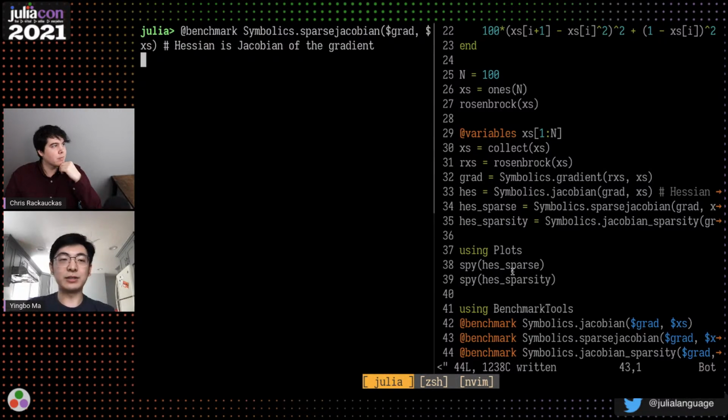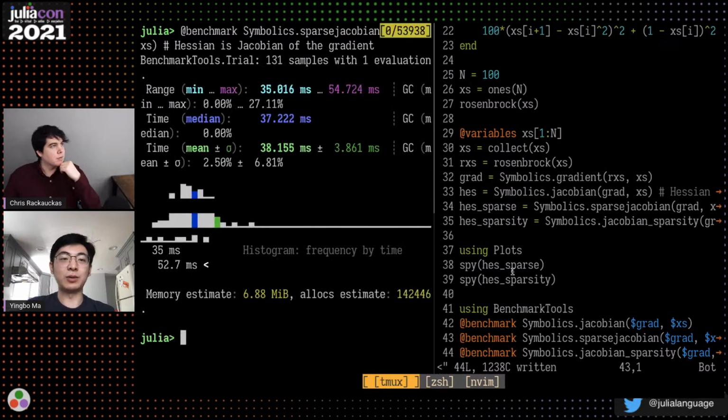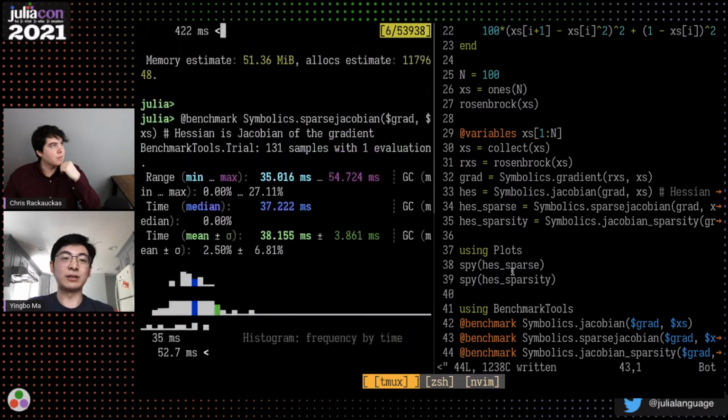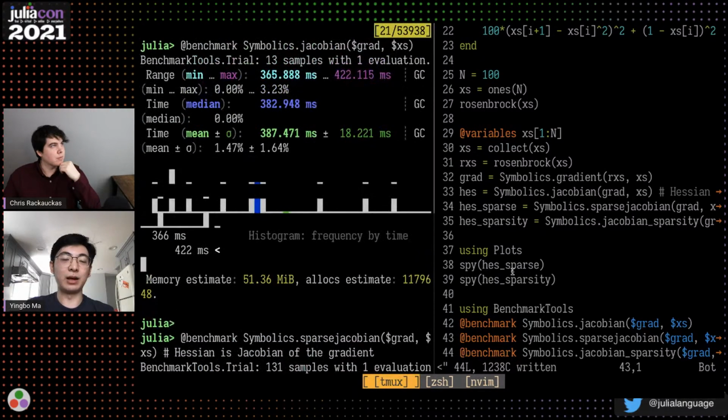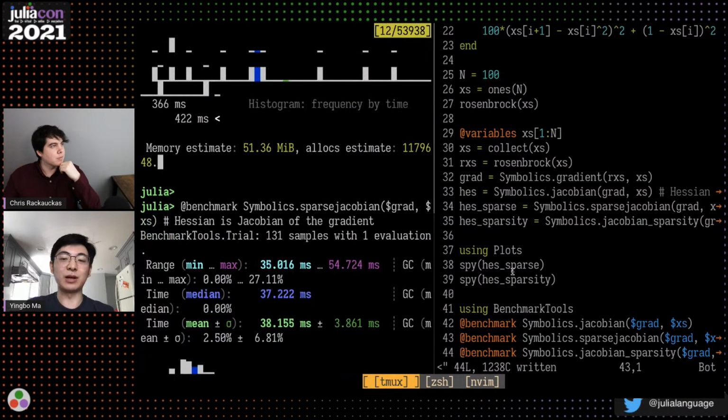And then sparse Jacobian, remember, gives us a sparse representation of the symbolic Jacobian matrix. So this doesn't try to take the derivative of known zero entries in the Jacobian. So this is much faster than the previous evaluation. It's about 10 times faster.